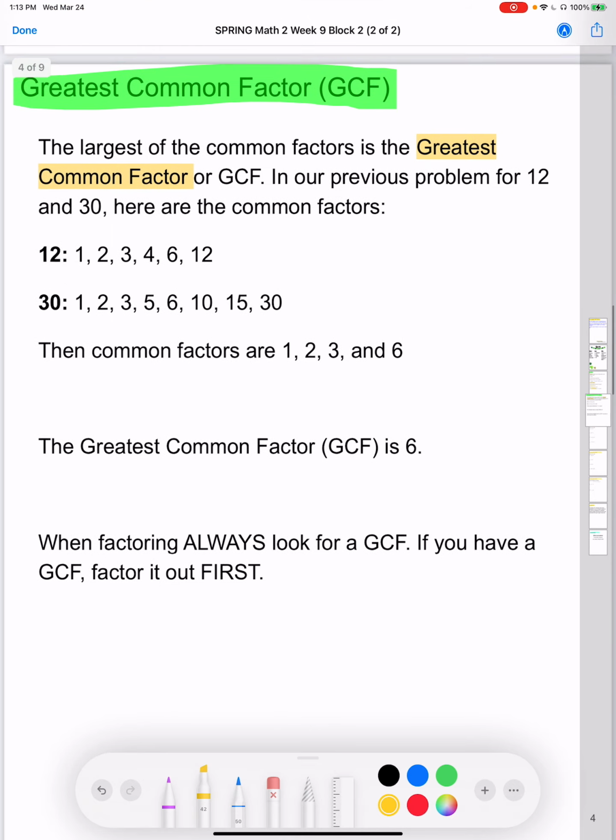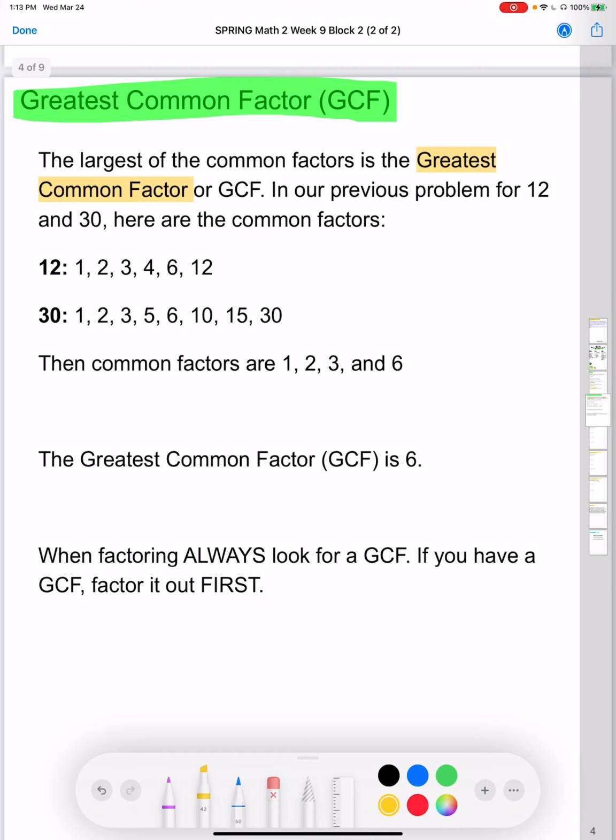So let's talk about the greatest common factor now. The largest of the common factors would be the greatest common factor, or GCF. In our previous problem for 12 and 30, here are the common factors we came up with: 1, 2, 3, and 6. Out of those common factors, the greatest common factor is 6.